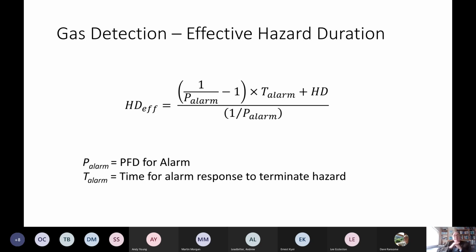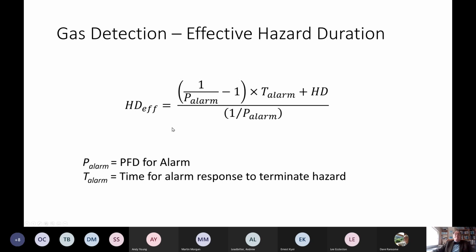For these release hazards, certainly there is the possibility of gas detection alerting people to the hazard and allowing them to intervene, potentially to terminate the hazard earlier than it would be if they weren't alerted. And this little equation allows us to calculate what the effective hazard duration would be.